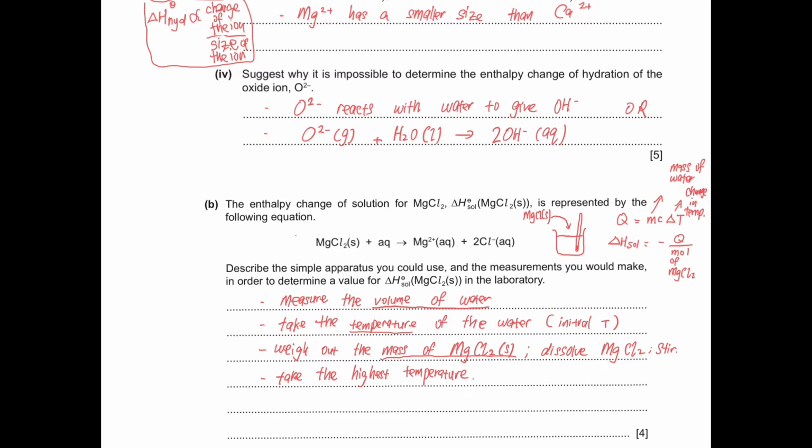Next one is the highest temperature, so I'm going to add one more point here. The fourth measurement is the temperature again, which is the final temperature. We are not going to talk about what formula to use and how you calculate. That is too much already. That will be more for paper 5. So let us move on.